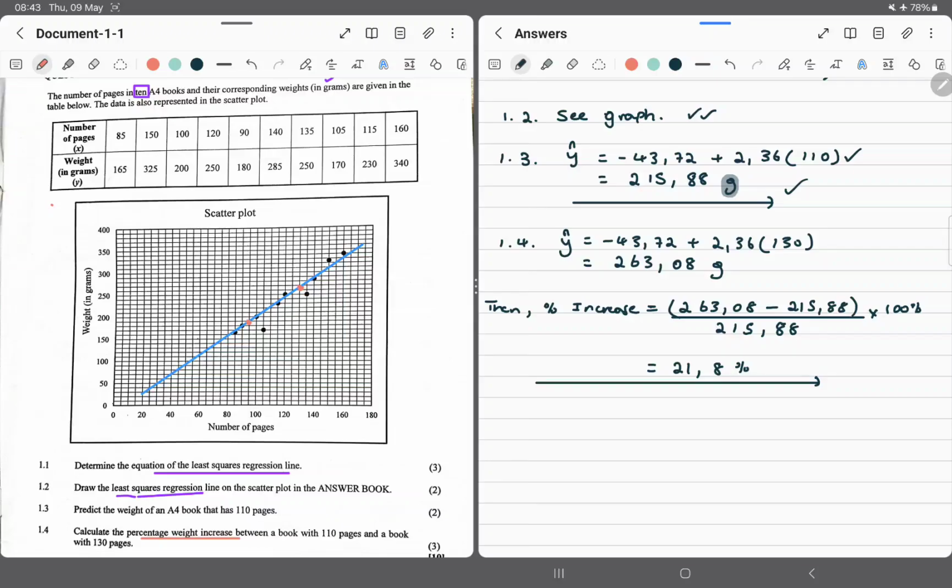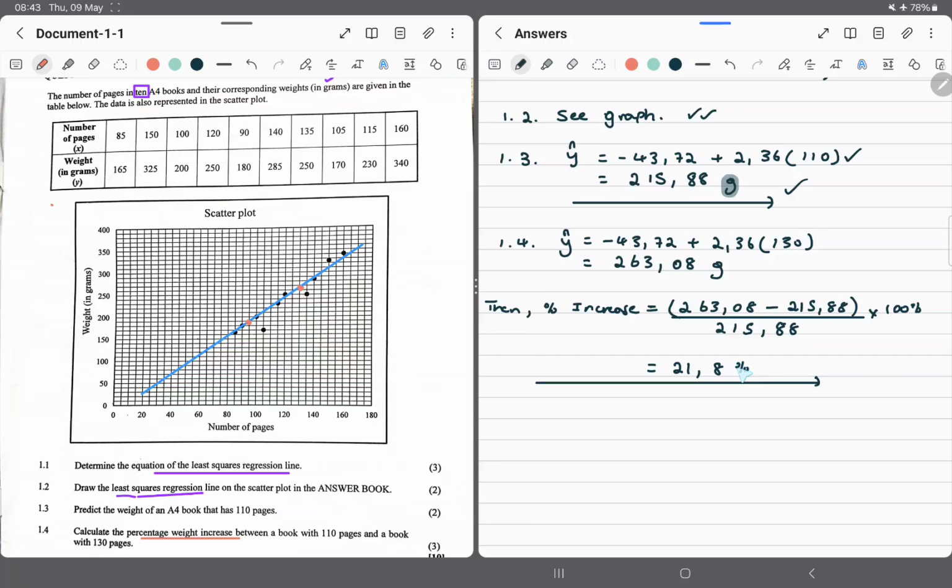Okay, let me just double check. 263,08 minus 215,88. That divided by 215,88 times 100. Yeah, it's 21.86%.